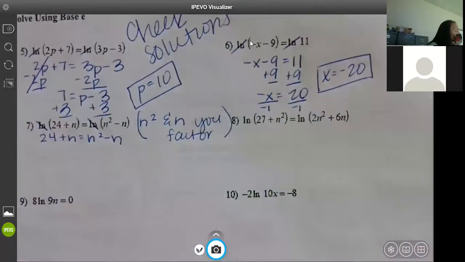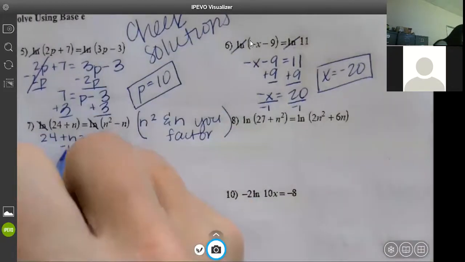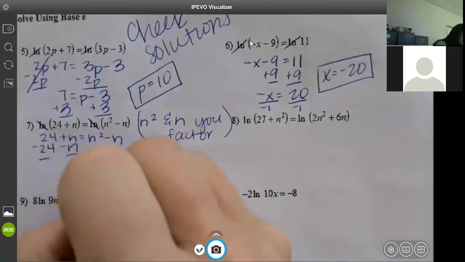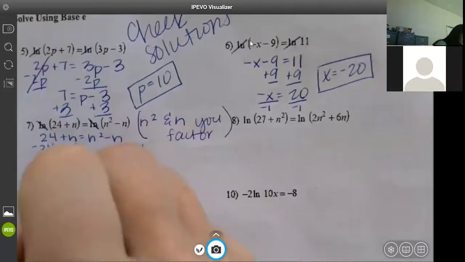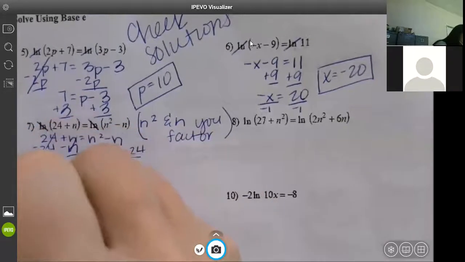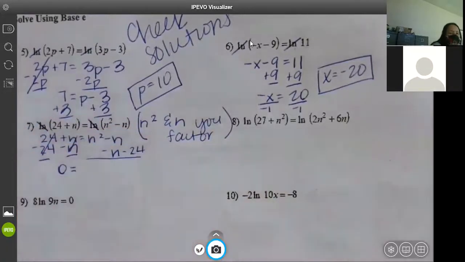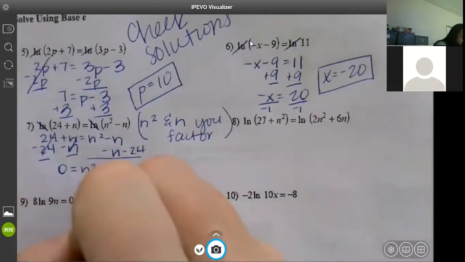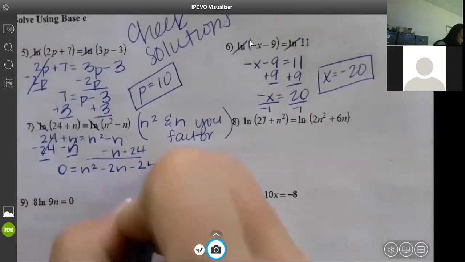So get it equal to 0 and factor it. I want to leave my n squared positive so that I can factor it. So I'm going to move this n and I'm going to move this 24. That leaves me with 0 equals n squared minus 2n minus 24.